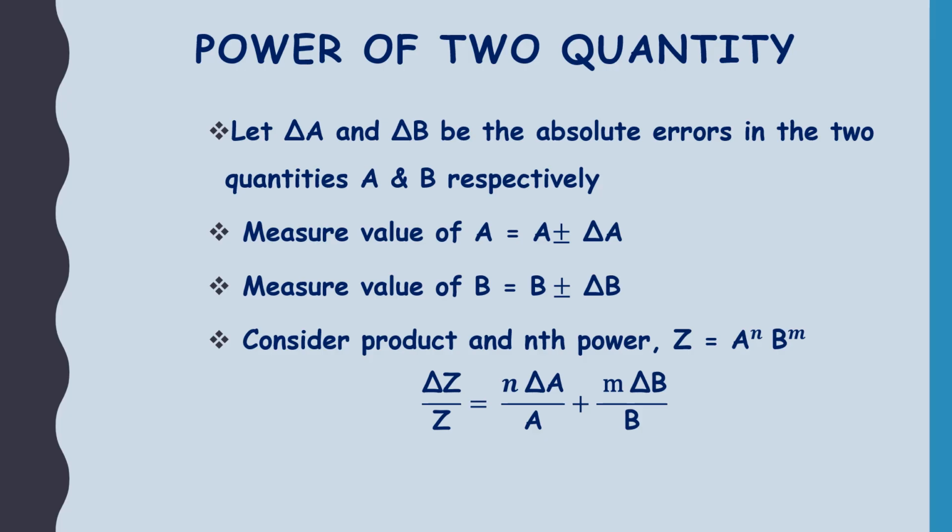So this is the rule: when you have a power, the power is multiplied with the fractional error. So you can say the fractional error in the nth power of a quantity is n times the fractional error in that quantity. Whether the quantities are in multiplication or in division, the power is multiplied with the fractional error.